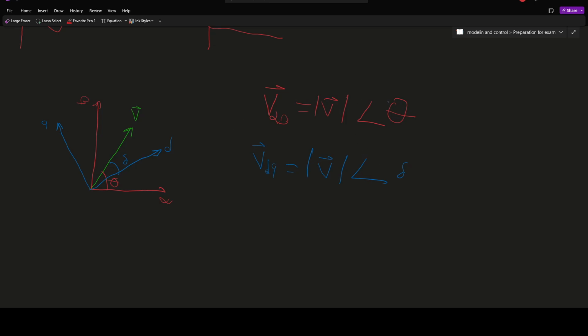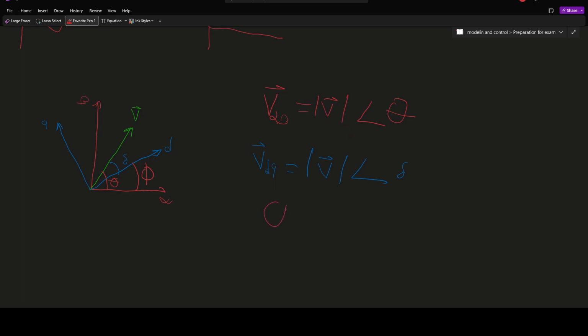And if we look at them, the only thing that is changing is the angle. So we have an angle between the two reference frames. This angle between the two reference frames, I'm going to call phi, is what we can use to connect these two references.